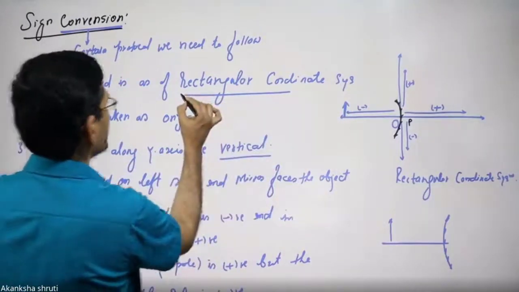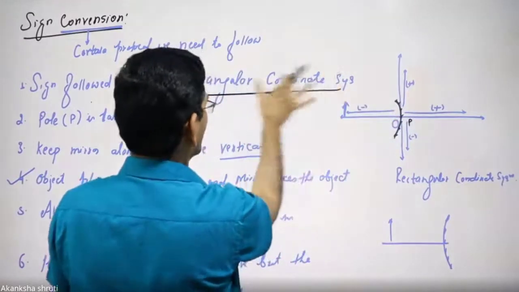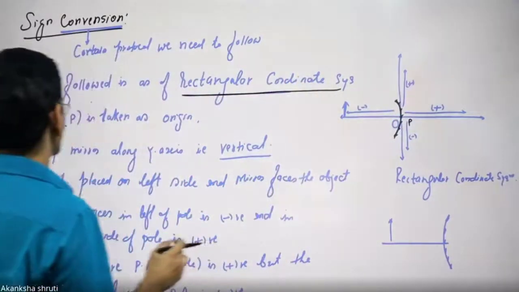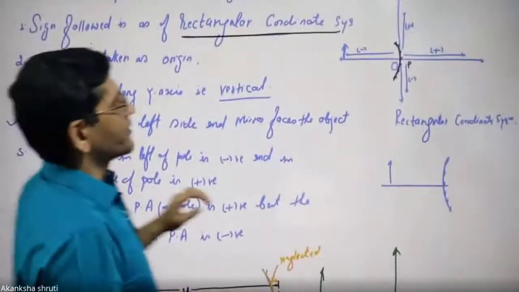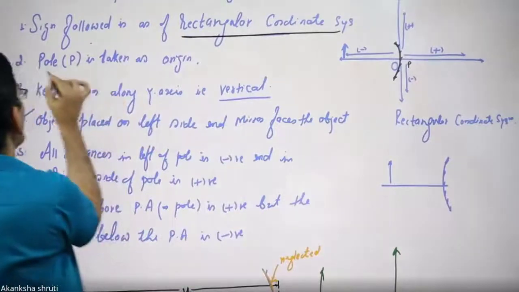So keep in mind, the rectangular coordinate system is followed. This rectangular coordinate system is from mathematics. The distance measurement starts from the pole.